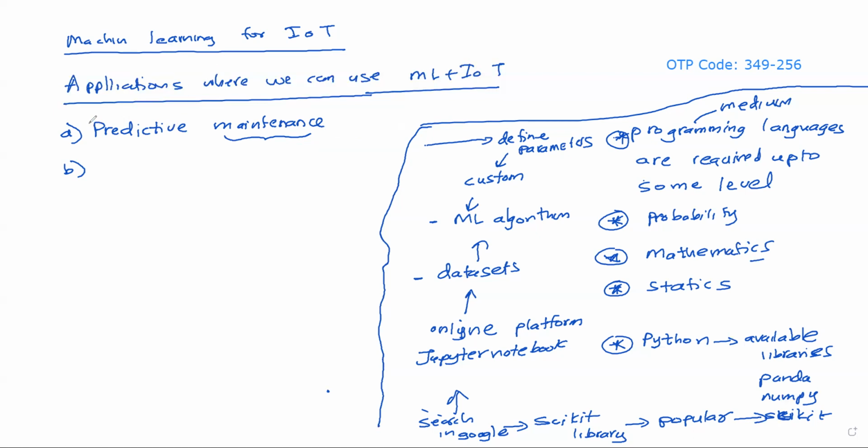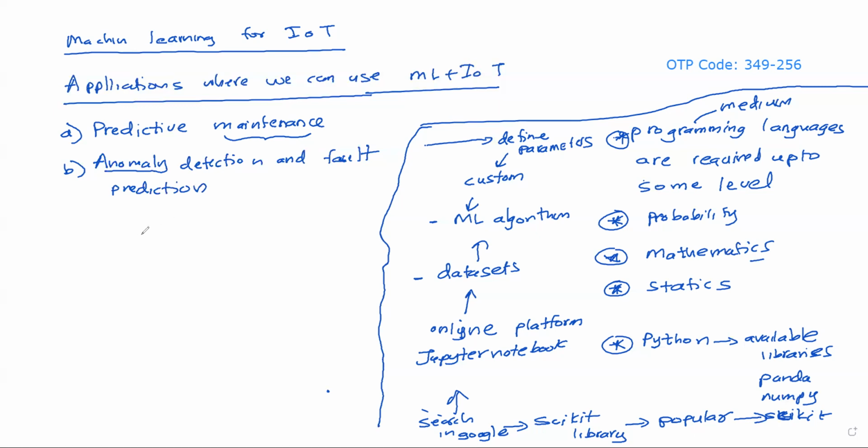And next, anomaly detection and fault prediction. Anomaly means unexpected outputs or unexpected behaviors.